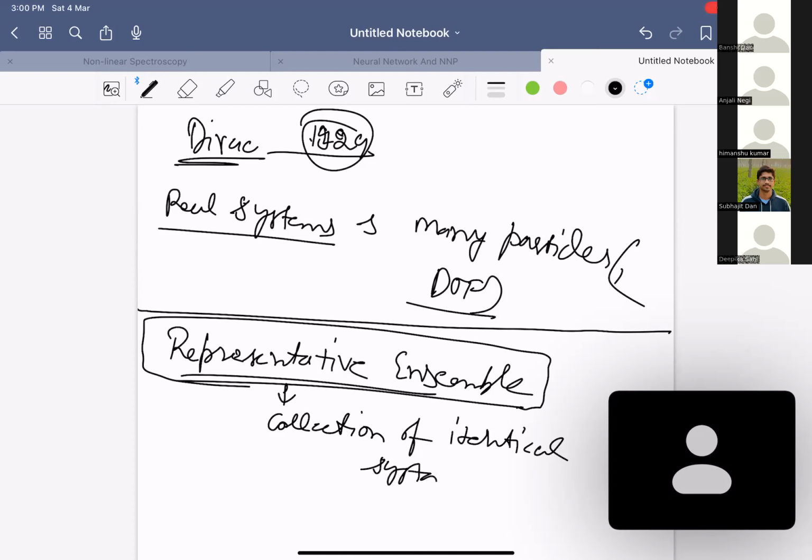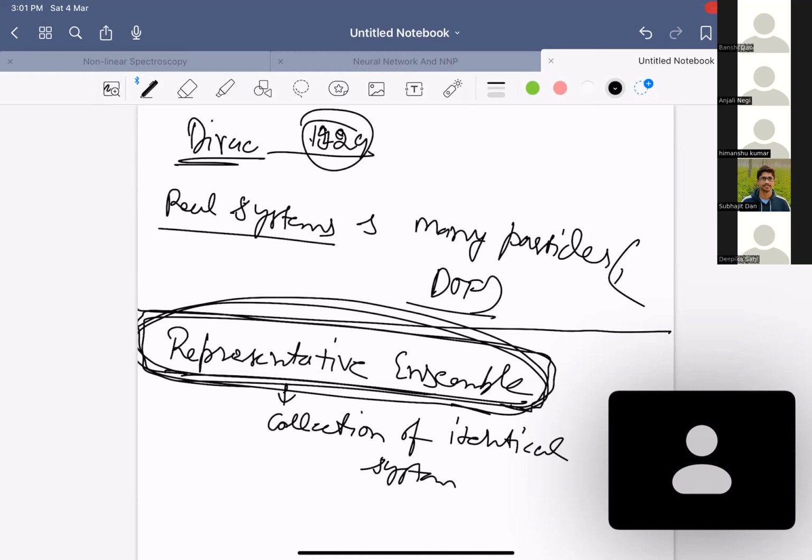It turns out that if we choose this representative ensemble wisely, and we measure any physical quantity, say momentum or anything, then the average computed over this representative ensemble turns out to be equal, if we ignore fluctuations, to the actual physical quantity of the whole system.